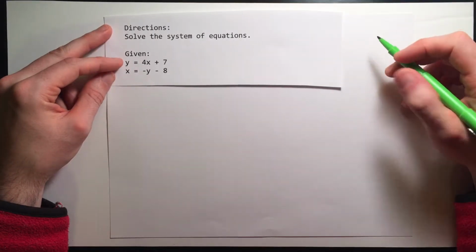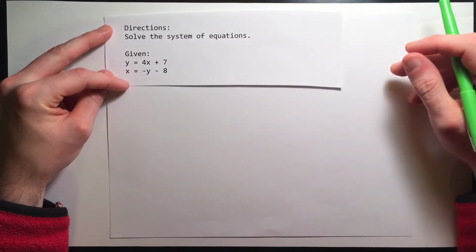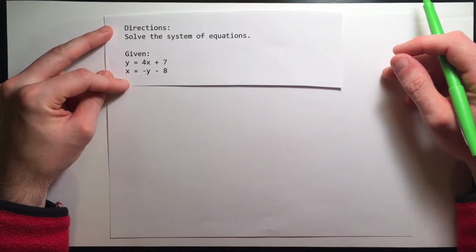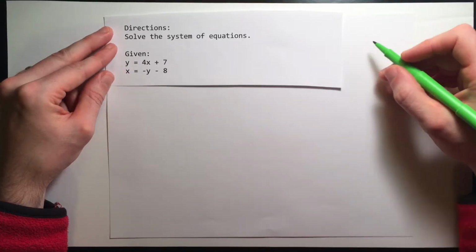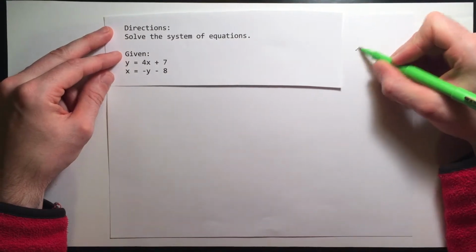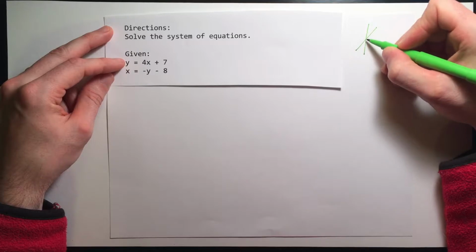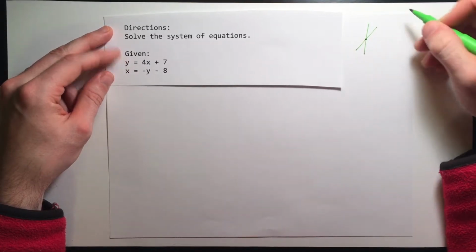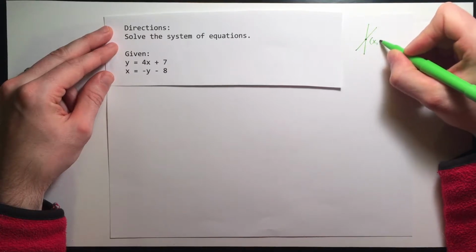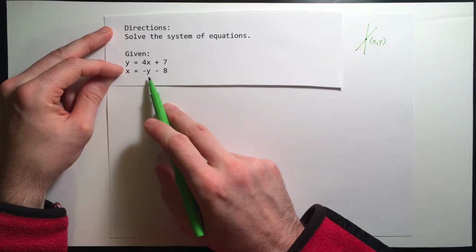Remember that if you were to graph these two equations, because they have two variables, such as an x and a y, and there are no exponents, these will make straight lines on a graph. We have two equations, so it'll make another straight line, and oftentimes two straight lines will cross at some point. The point at which they cross is the x and y coordinate that are the values that we're going to find for x and y.